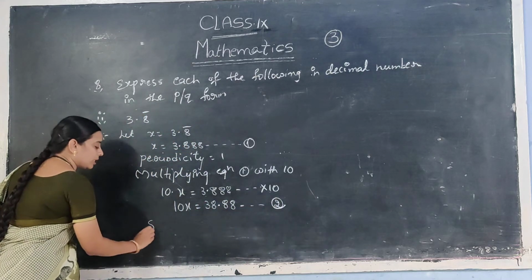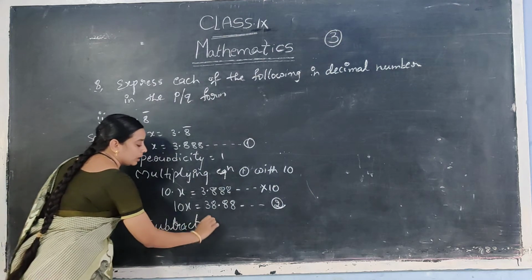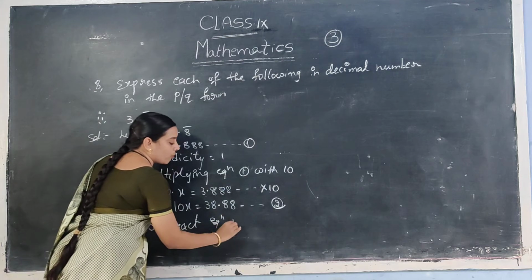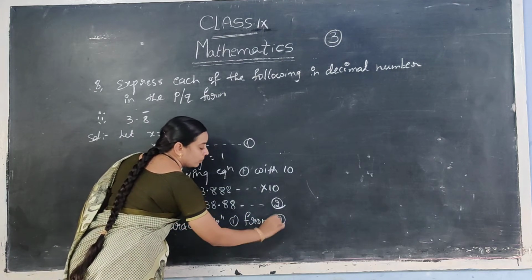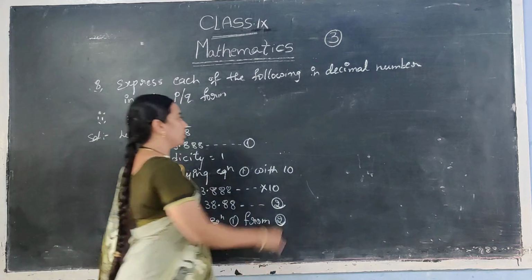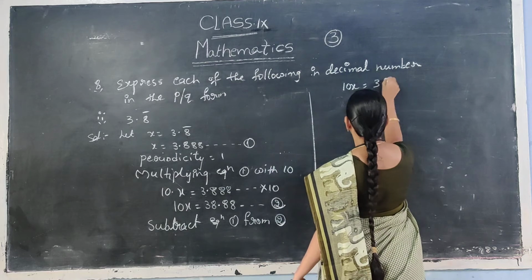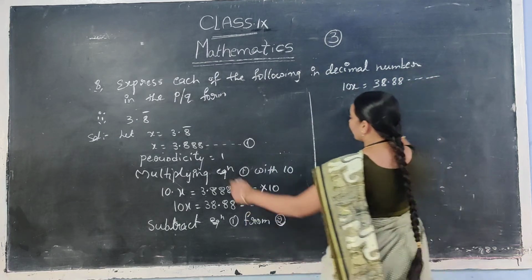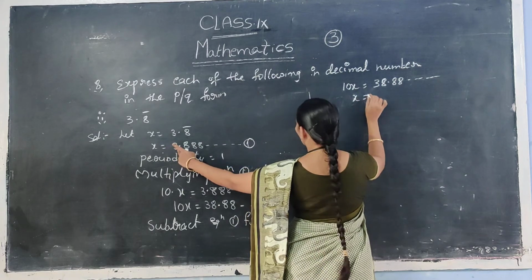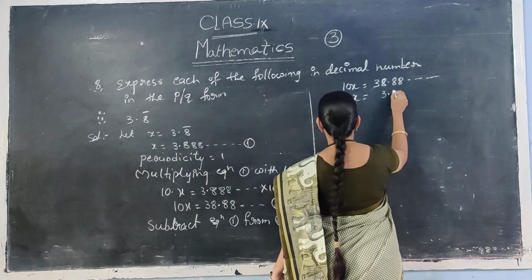And as in this process, next one is subtract. Subtract equation 1 from 2. So first of all write the second equation. That second equation is 10x is equal to 38.88 and so on. Here the first equation is x is equal to 3 point, 3 point means here write 3.88.